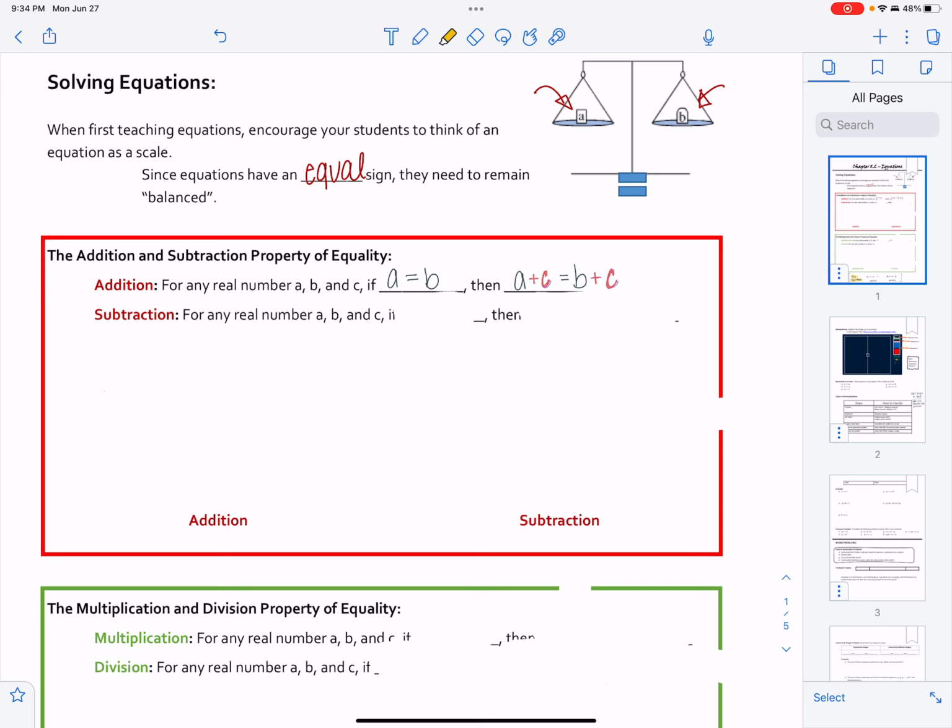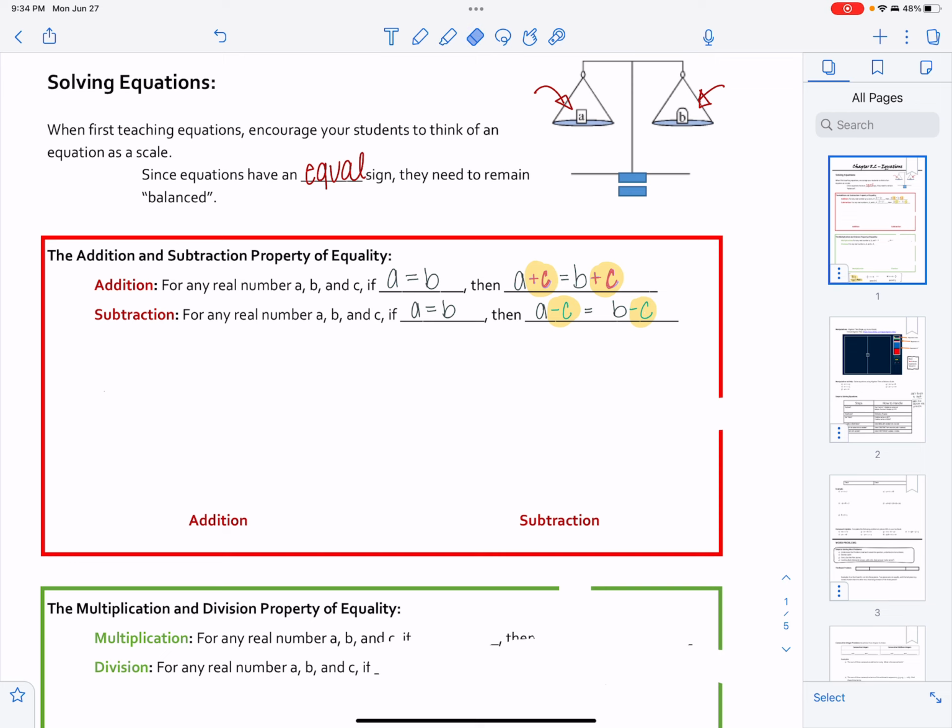What that says is I can add c, or some number, to both sides. And then the same is going to be true of subtraction, that if a equals b, then a minus c equals b minus c. So the same thing is true that I can subtract from both sides. It's only true if I do it to both sides.